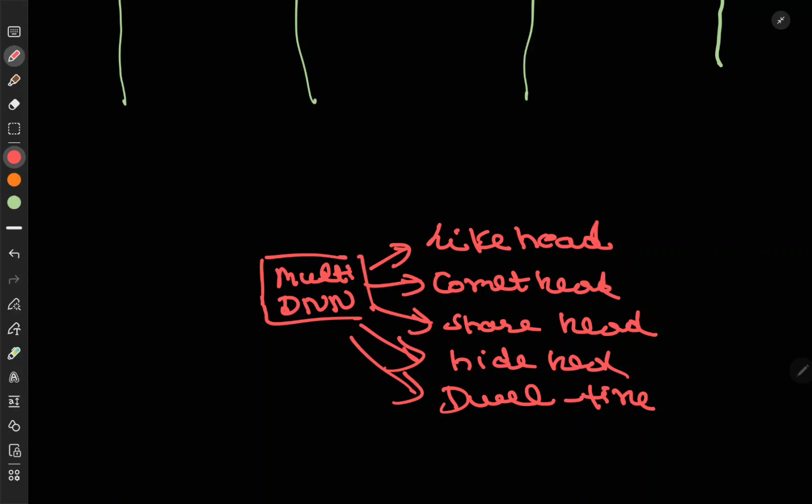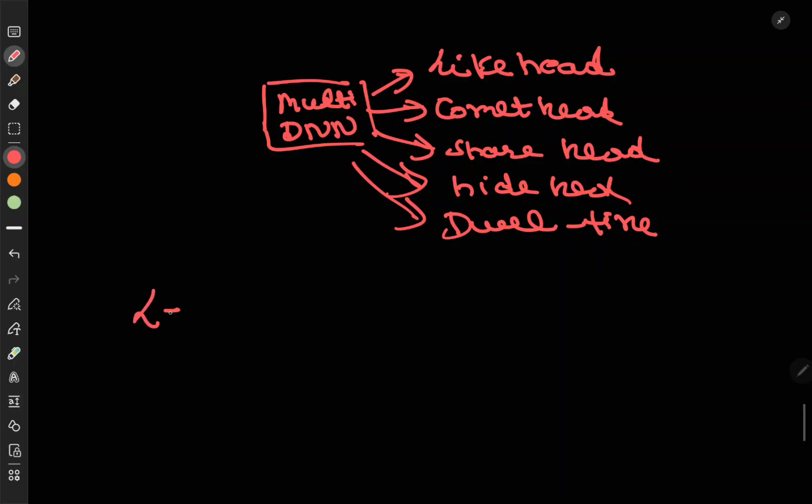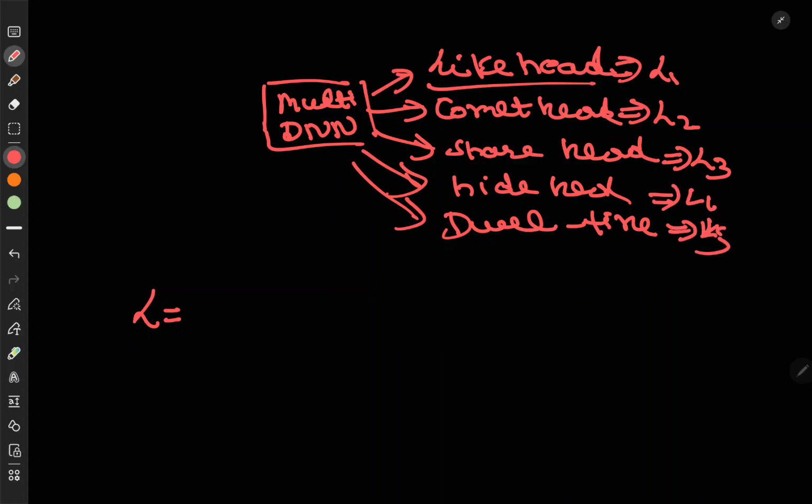Once we start training our model, we need to use a proper loss function. For the like head we would have loss L1, then L2, L3, L4, and L5, and the total loss would be L1 plus L2 plus L3 plus L4 plus L5. Now how are we going to calculate this loss for like?